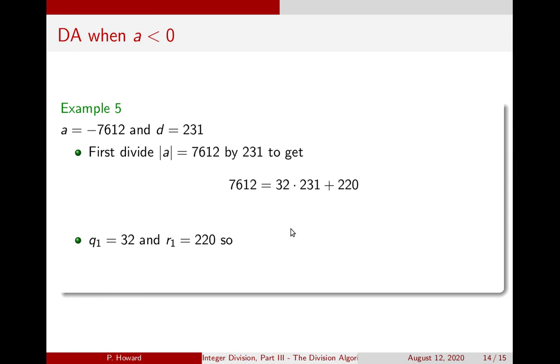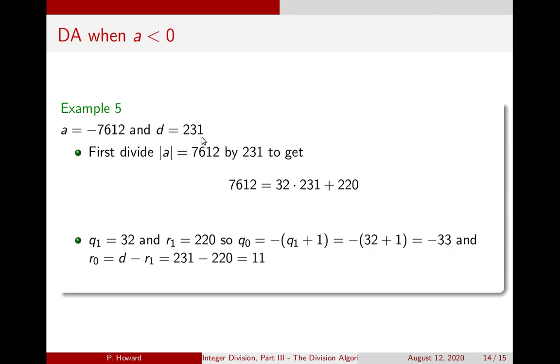And now we're going to use the formulas for calculating Q0 and R0, the quotient when you divide the negative number by 231, and the remainder when you divide the negative number by 231. So Q0 is minus the quantity Q1 plus 1. Q1 is 32. So Q0 is minus 33.